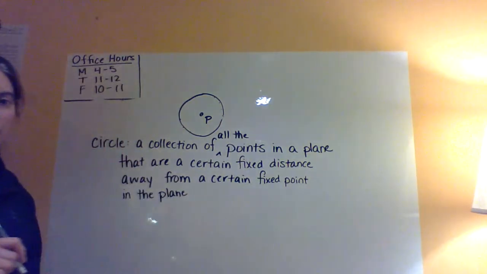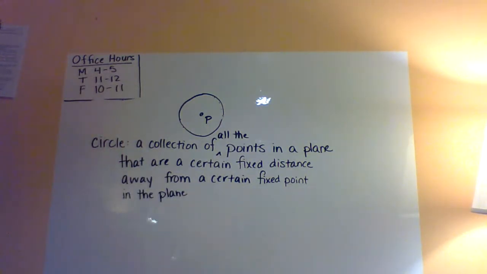Okay, so I'll give you a minute to finish copying that down. The circle is a collection of all the points in a plane that are a certain fixed distance away from a certain fixed point in the plane.